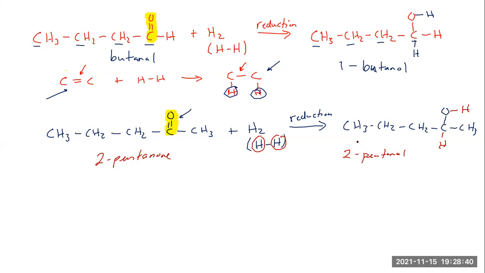We could put the hydrogen back in, which is the reduction reaction, and take our ketone back to a secondary alcohol. The same thing can occur up there with our aldehyde back to a primary alcohol. So this is basically an aldehyde back to a primary alcohol.